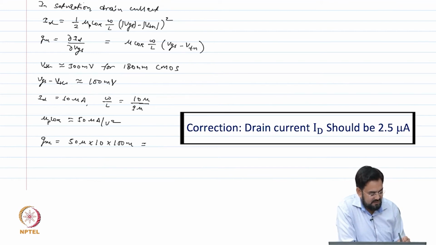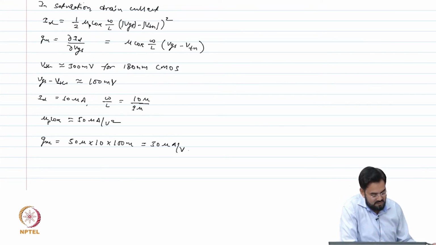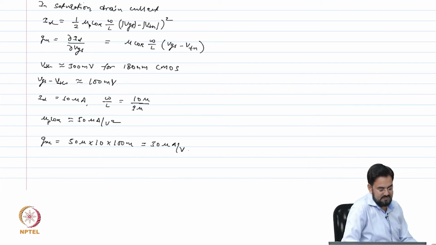So, this is 50 micro, this is 10 and this is 100 milli, which is 0.1. So, 50 micro Siemens or ampere per volt, correct.